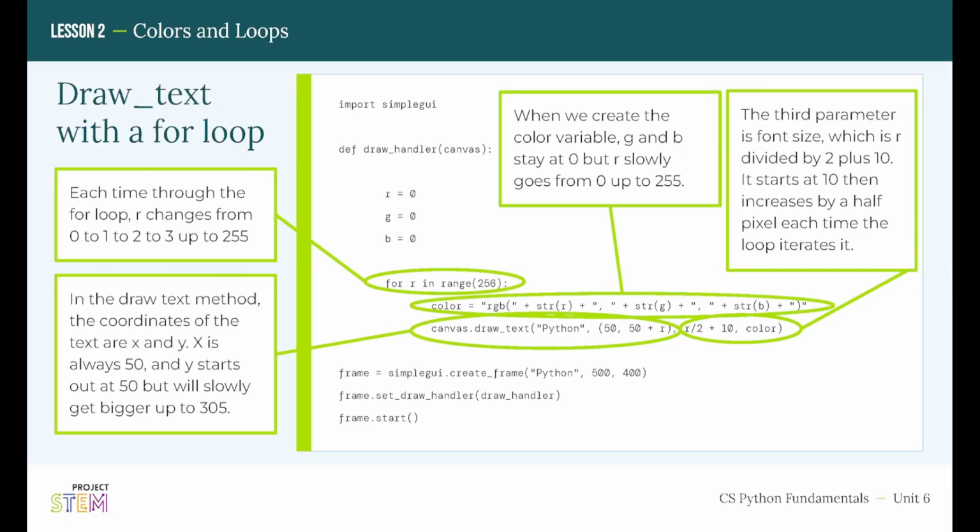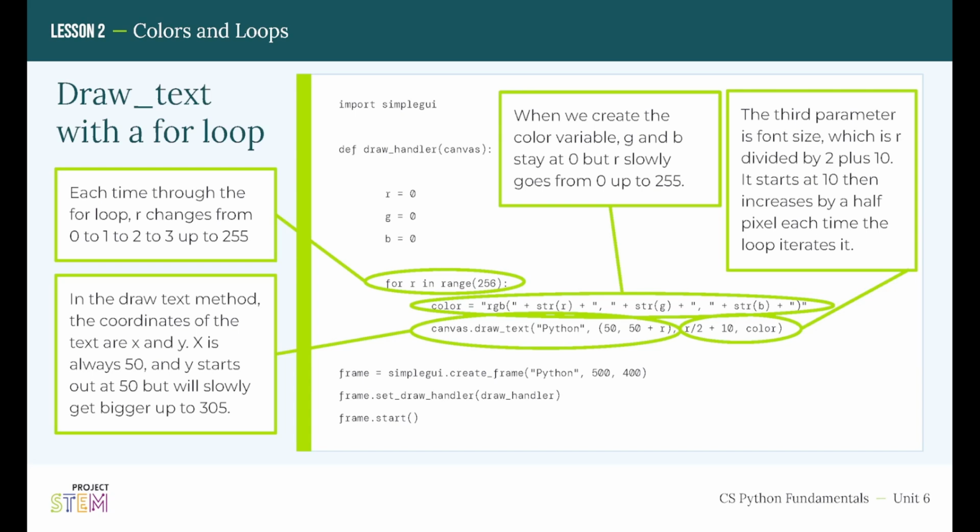And looking back at the code, we look at the third parameter, which is the font size. The font size is R divided by 2 plus 10. So it starts at 10, and then each time the loop iterates, it increases by a half a pixel.